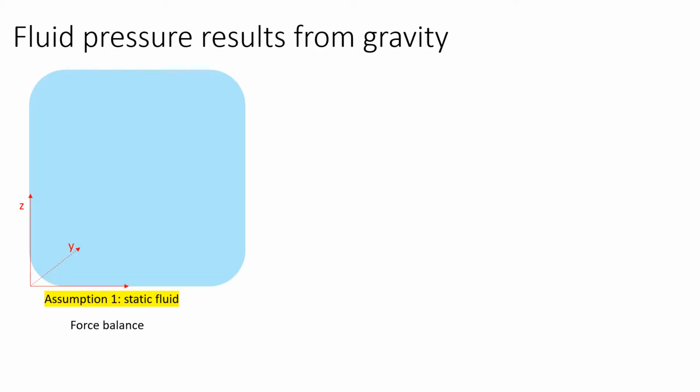Based on the fact fluid pressure results from gravity, we will formulate the equation to describe the phenomena. To do that, we'll first set up an x, y, z coordinate and assume the fluid is in static status, so there's no motion.